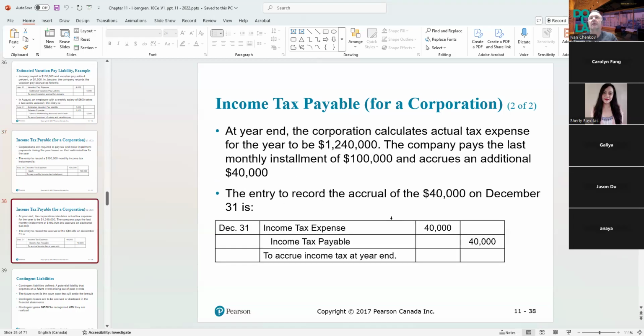So at the end of the year, when the company prepared their tax return, they found out that the actual tax payable is $1,240,000. How much do they have to pay now? Do they have to pay $1,240,000?